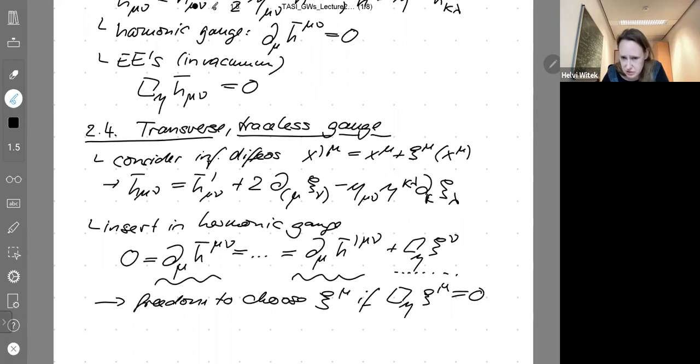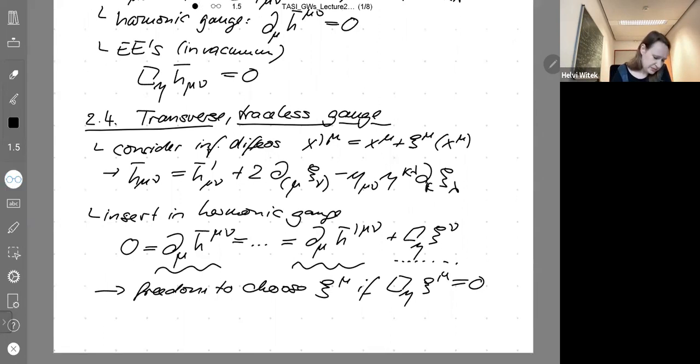To find solutions for this vector xi mu, we can expand it in the far field, which is where we are currently working.